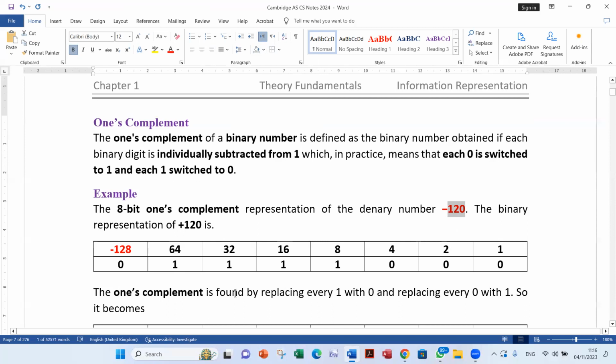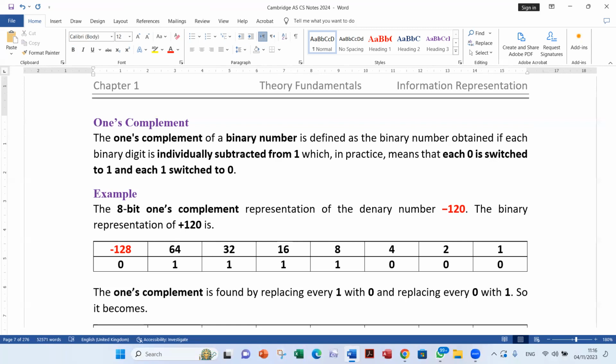And the 1's complement is found by replacing every 1 with 0 and replacing every 0 with 1. So simple. That was in last year's exam, so I need to explain it. You can practice that with me, and you do that very, very fast.